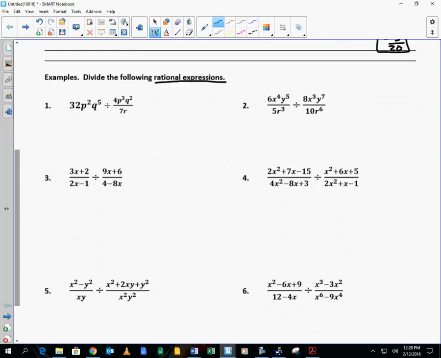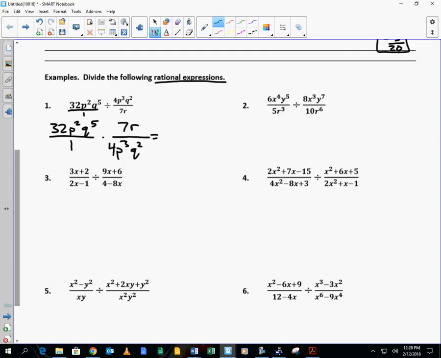And if you don't see it expressed as a fraction, like number 1, then just put it over 1. So 32p squared, q to the 5th, over 1, multiply by 7r over 4p cubed, q squared. We're looking for anything that cancels here.